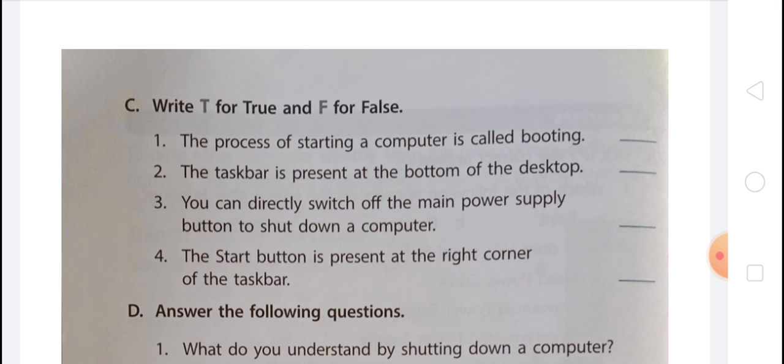In the first step, the boy is switching on the power supply button, and after that he is turning on the UPS. In step 3, the boy is pressing the power button on the CPU box, and in step 4, the boy is switching on the monitor.